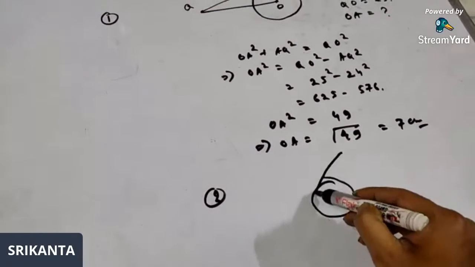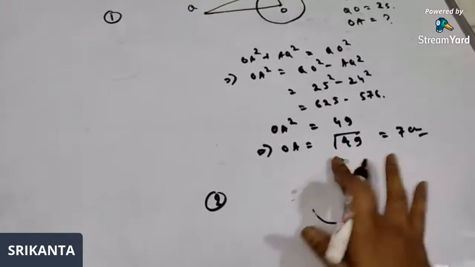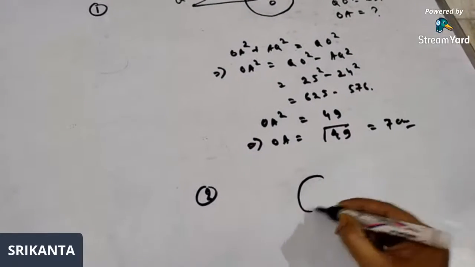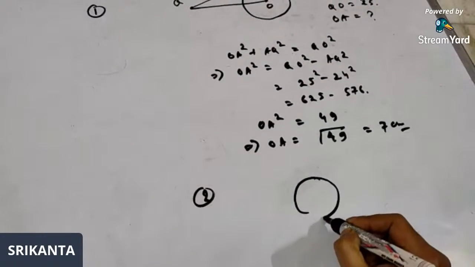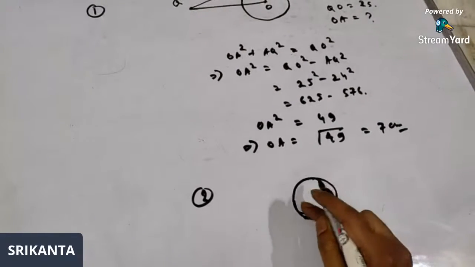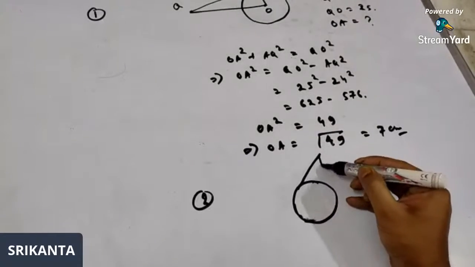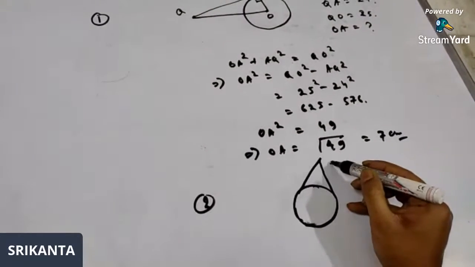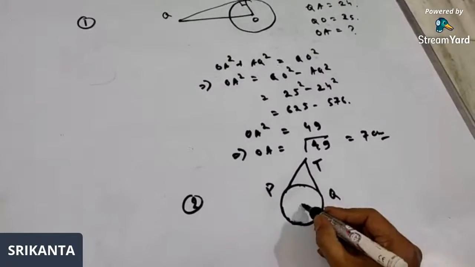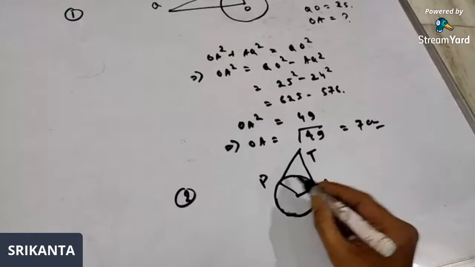There is the external point T. This is P, this is Q. See, these are 90 degrees.